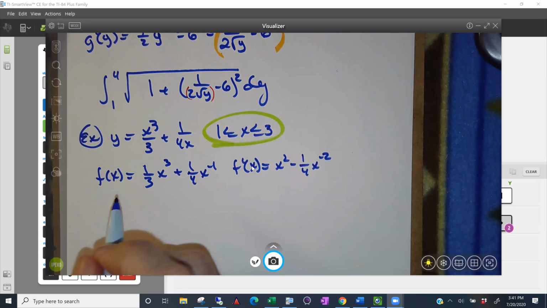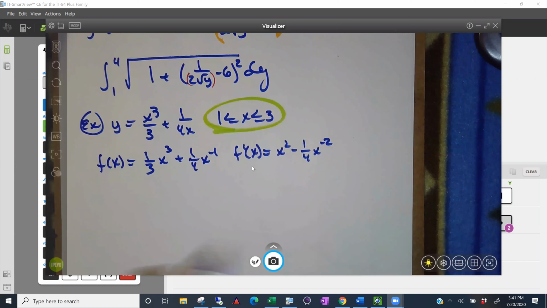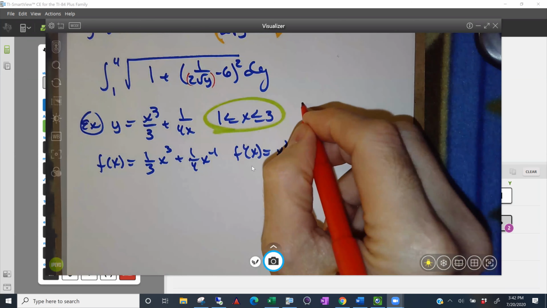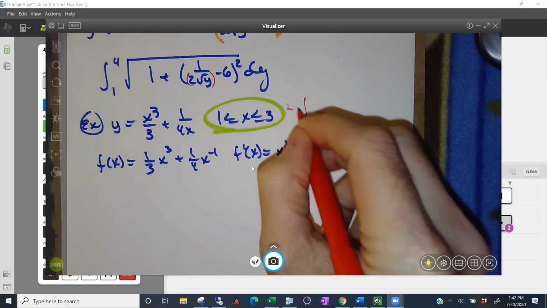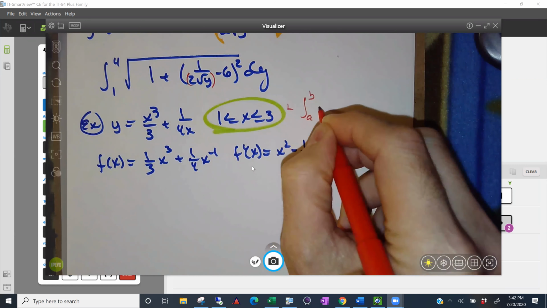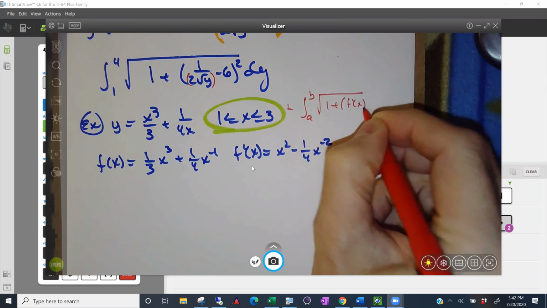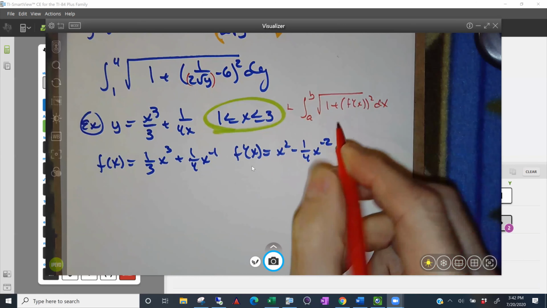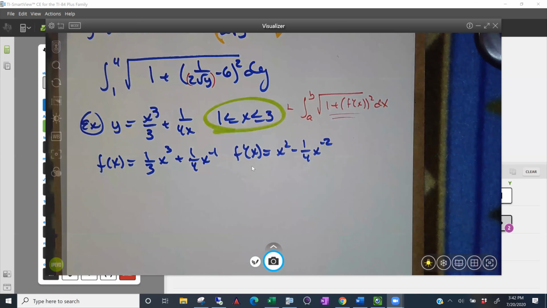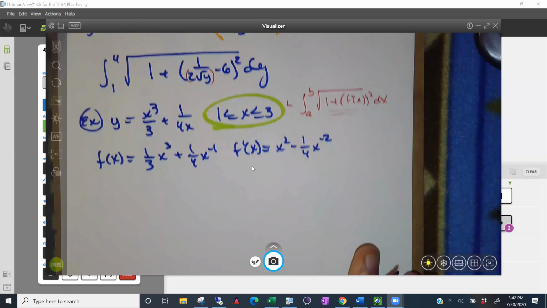Let's take a look at this quantity underneath, when I calculate my arc length, integral from a to b, square root of 1 plus f prime of x squared dx. I want to look at just that part. And I want to show you something kind of interesting about that part.